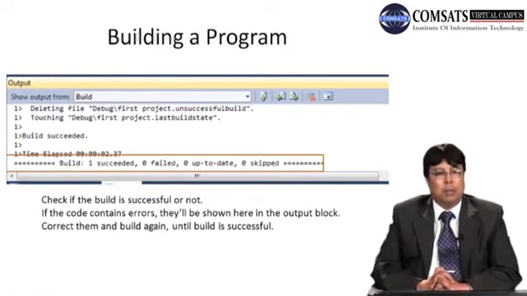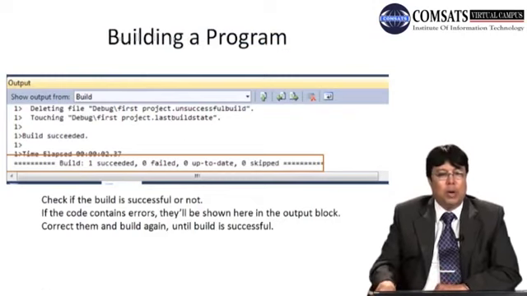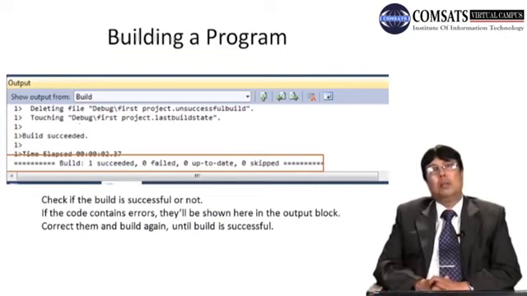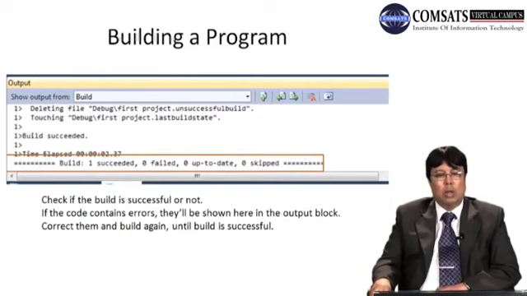Once you select build, on the output window you will find all these details and messages with build succeeded and the time required: build 1 succeeded, 0 failed, 0 up to date, 0 skipped. So if you have not made any mistake in copying the source code into the source area where you are supposed to write down or paste your program, then you should not receive any error message.